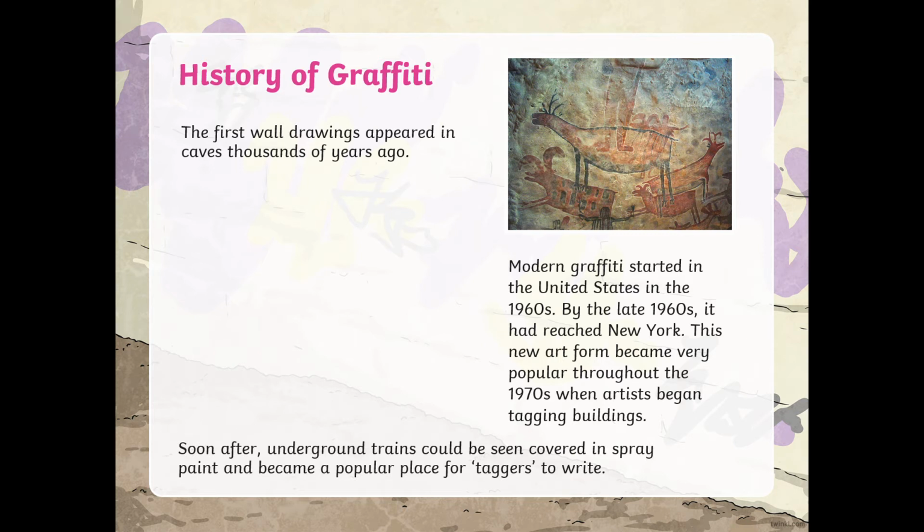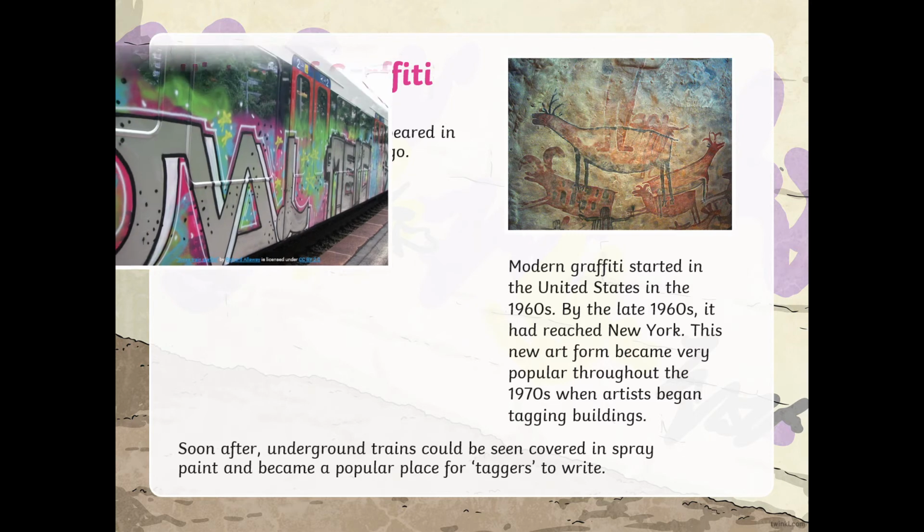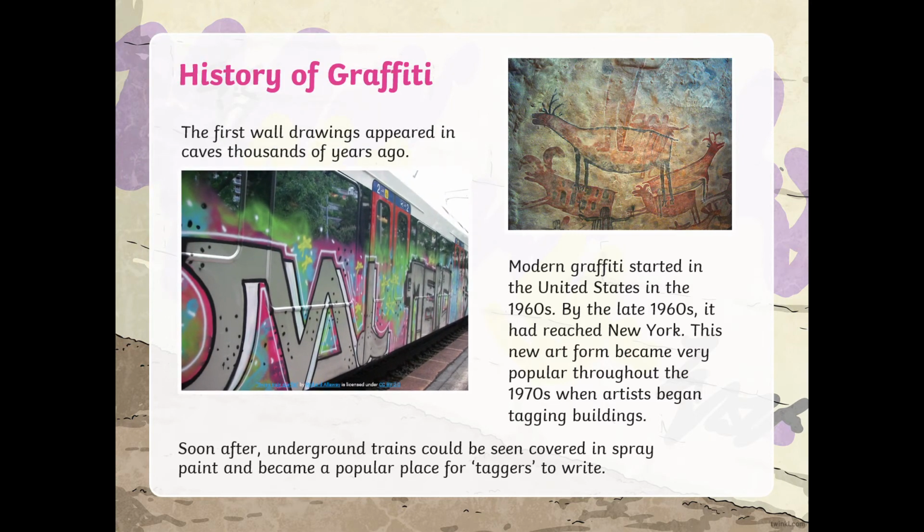Soon after, underground trains could be seen covered in spray paint, and they became a popular place for taggers to write. So you'll see it underground in train stations, on underground trains themselves. Obviously that was very popular in the 1970s.